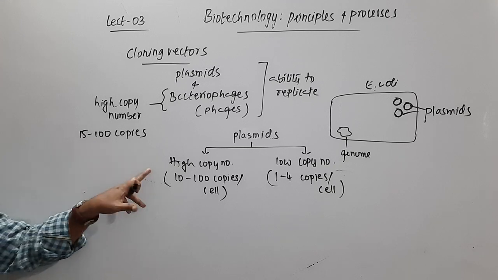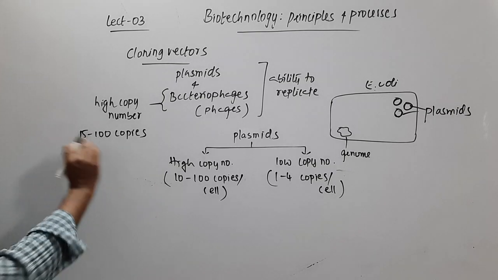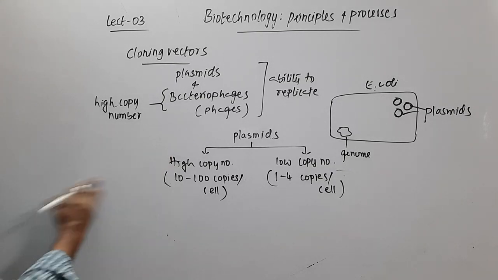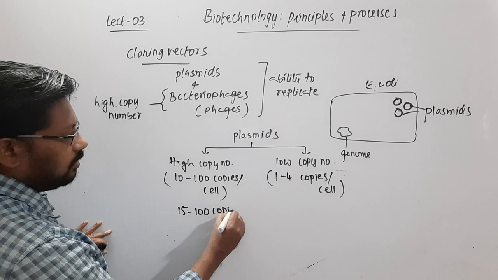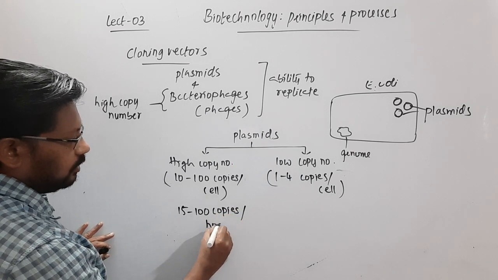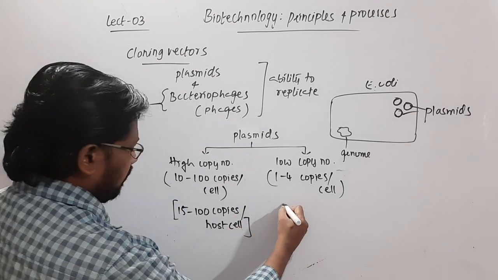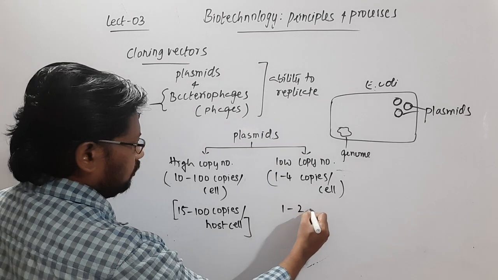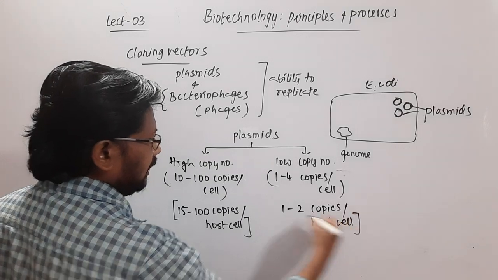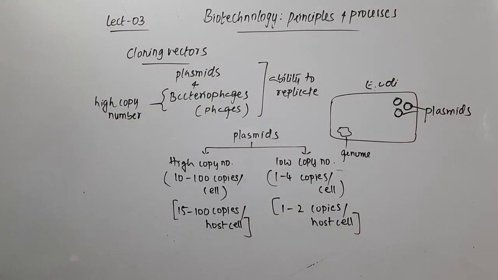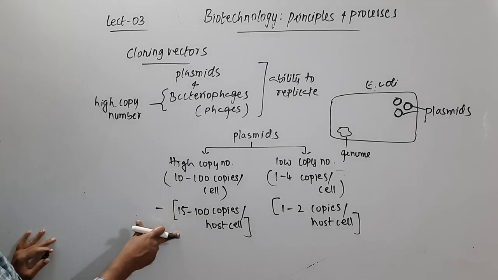So if it is the case, then it is the high copy number, right? So I'll give those values here: 15 to 100 copies per host cell, and 1 to 2 copies per host cell. Okay, so these are the values which I have taken from the textbook.